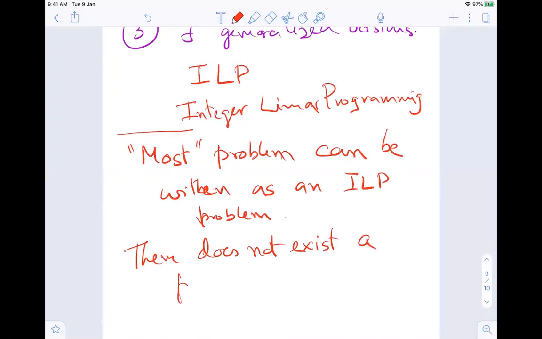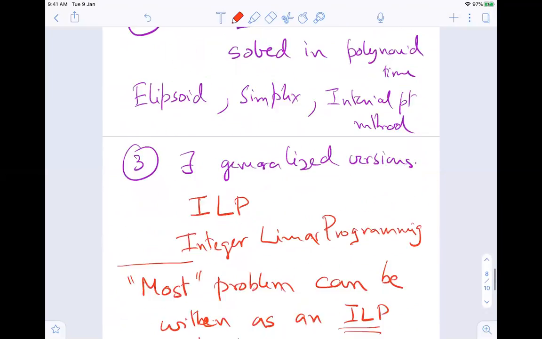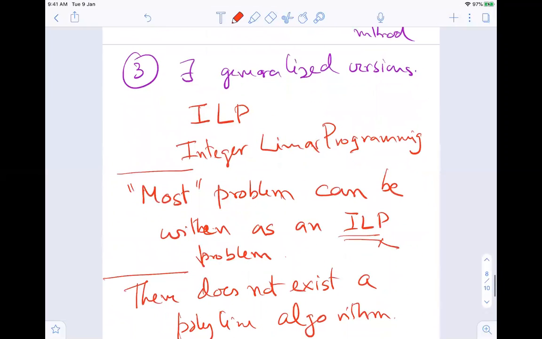a polytime algorithm. So once we convince ourselves that ILP is a big problem, we will call this a complete problem, meaning almost every problem can be written as an ILP problem.